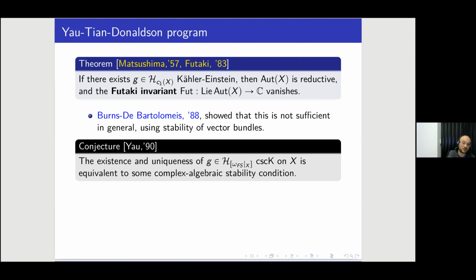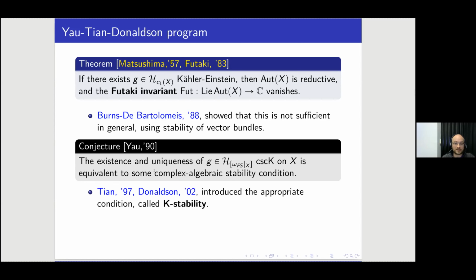Relating Riemannian geometry of X with complex geometry of X. So he did not say what this stability condition is. There is a list of properties that a stability condition should have, but this is part of the conjecture.